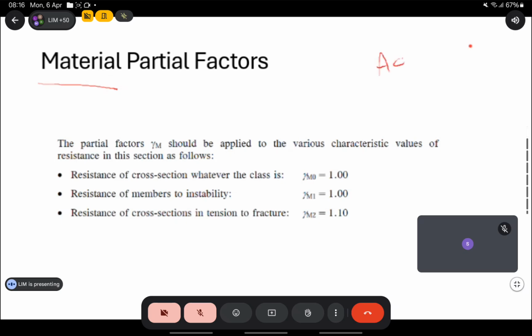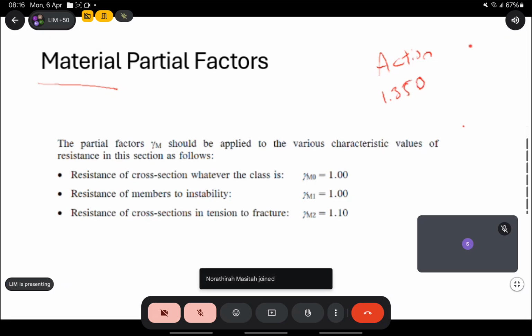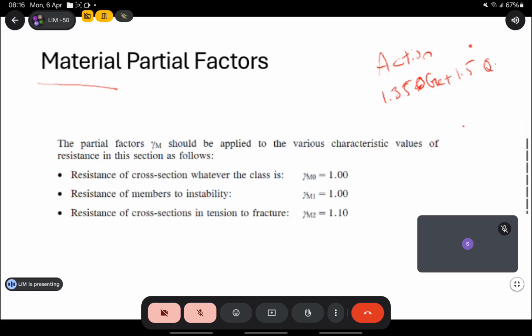For the action, if you still remember, it's 1.35 G plus 1.5 QK. This is the permanent action, and this is the variable action. For the action, you have these partial safety factors. Now, for materials, you also have partial safety factors.